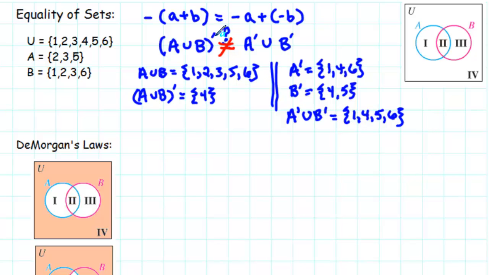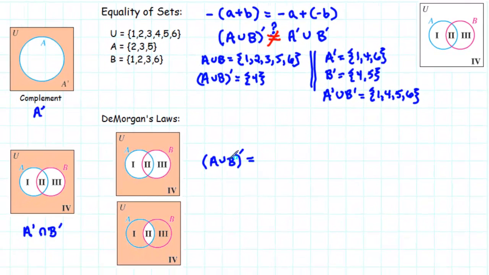So what set statement is the complement of A union B equal to? Well, let's take a look at this picture right here. Notice that A union B is not shaded in. What is shaded in is the region outside of that. So this region 4 represents the complement of A union B. But where else have we seen this?